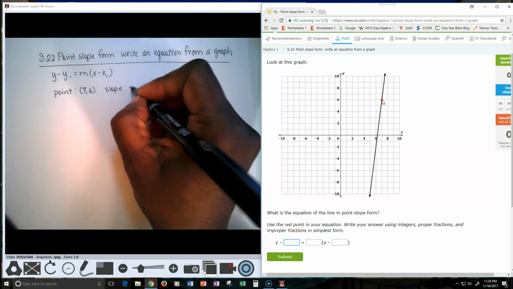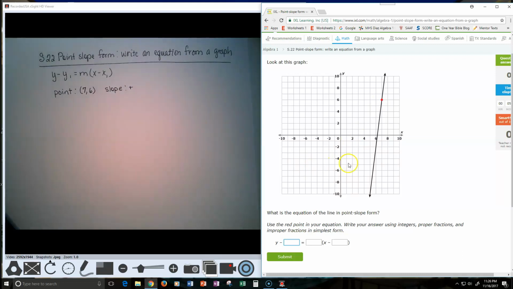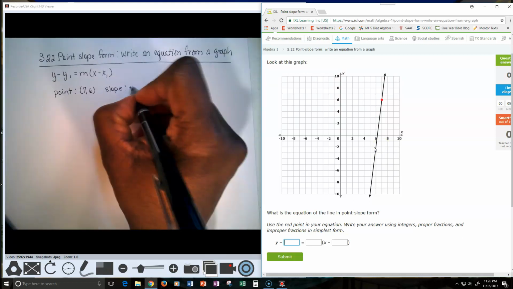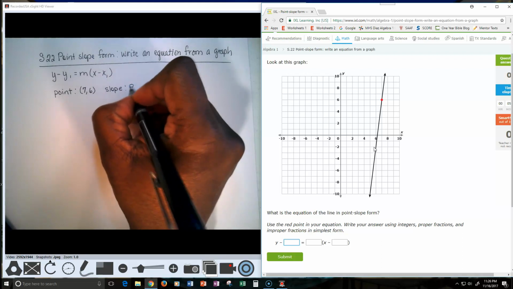It's going to be a positive slope, because my line is rising from left to right like an airplane taking off. So if I go to this point and I count down 1, 2, 3, 4, 5, 6, 7, 8, and to the left 1, that would mean my slope would be positive 8.